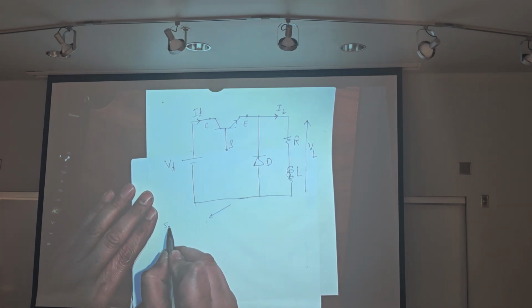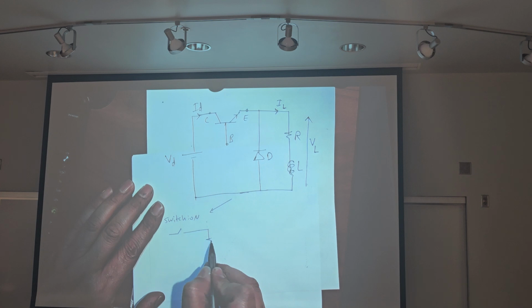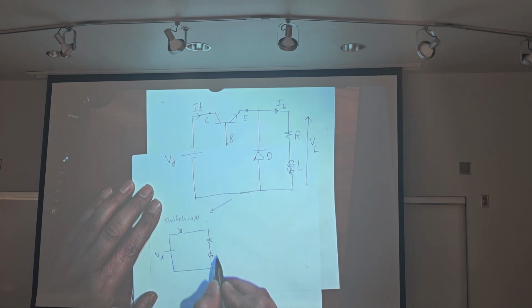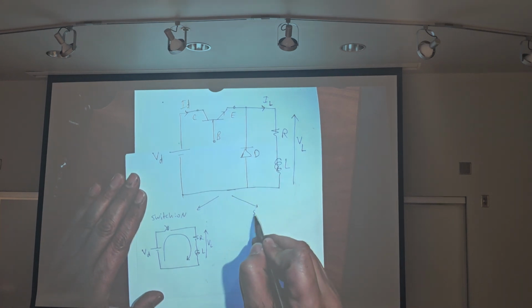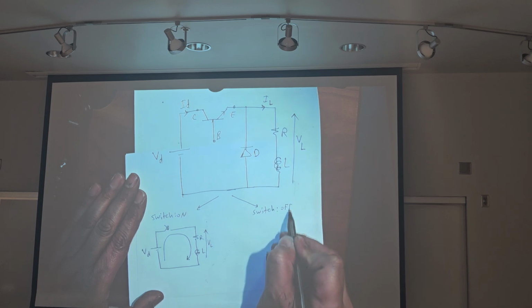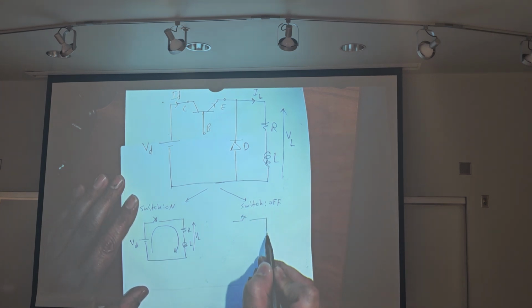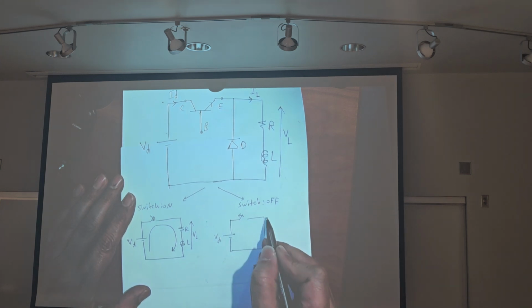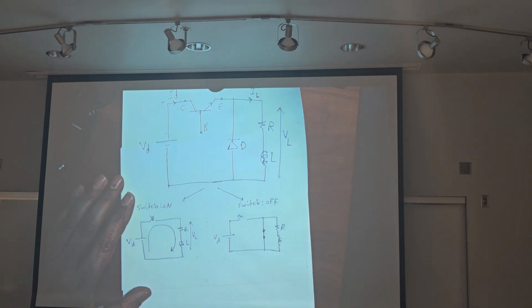Transistor on, switch on: this is V D, this is V load, R, L, and the current flows through this path. Here, switch off: V D, R, L.